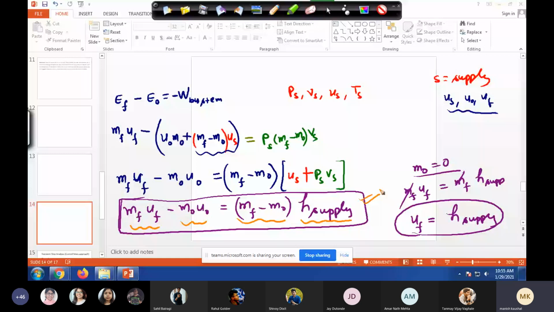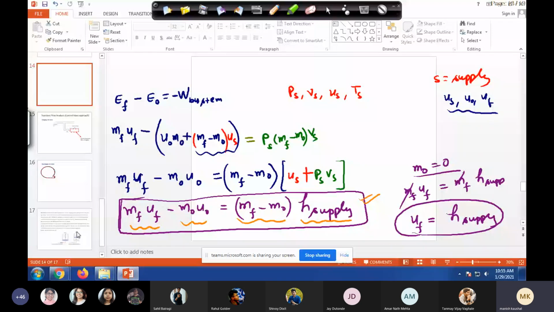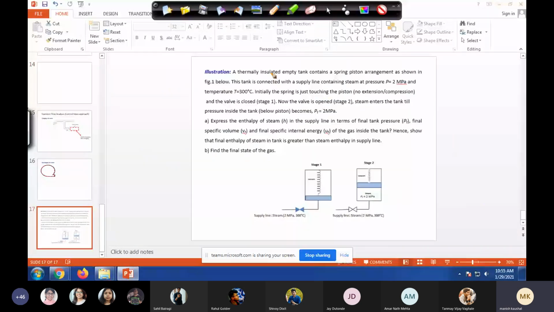Then we go to the last problem. Just discuss and then you can leave. We will do it in the next class. Just have a look, and this you can try. In fact, I'm just explaining this problem. Try, and we'll meet tomorrow. We'll solve it, and then we'll go to the second law of thermodynamics.